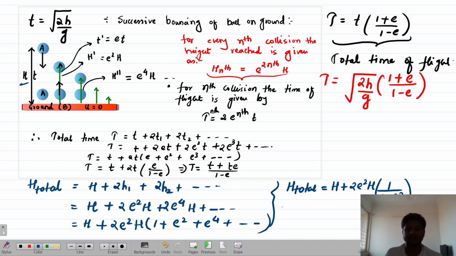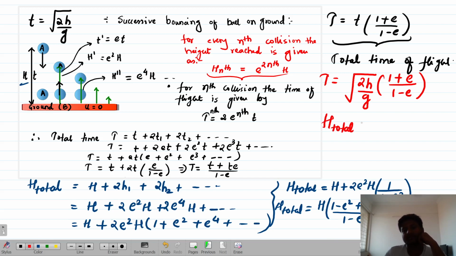So if I take h common, h total is given as h times (1 minus e square plus twice e square) divided by 1 minus e square. Got it or not? So once again you got the h total relation.